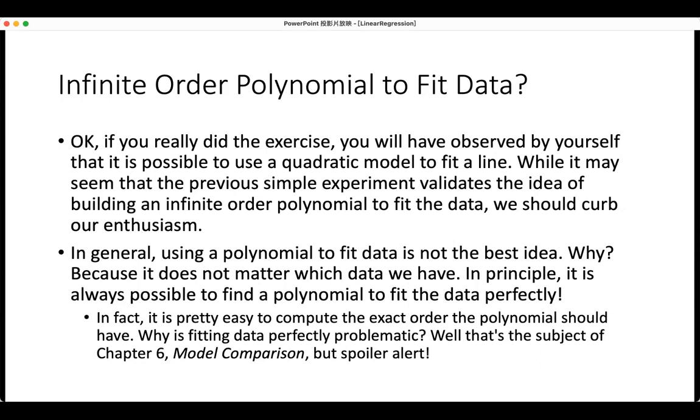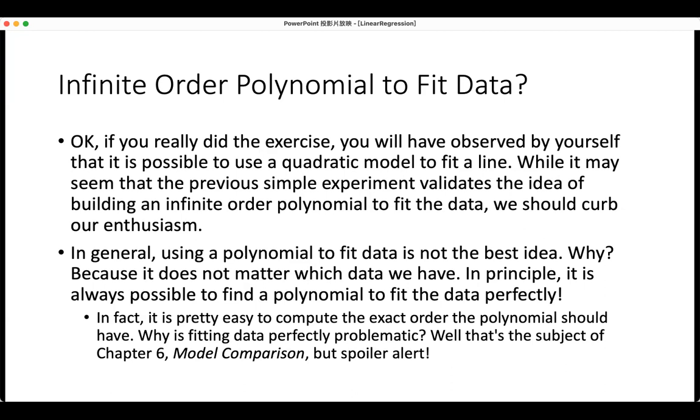So we can actually dictate the order required to fit n points. This is an easy job if you have high school math. But fitting data perfectly is actually wrong.